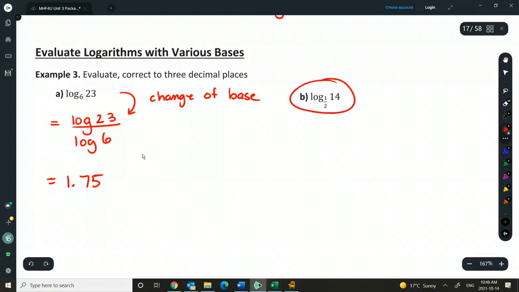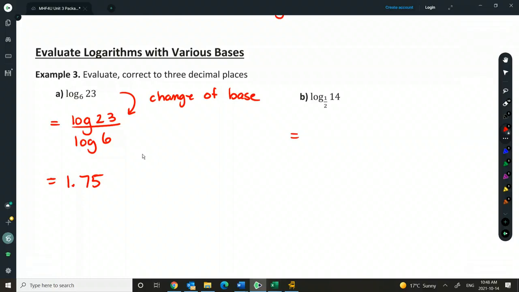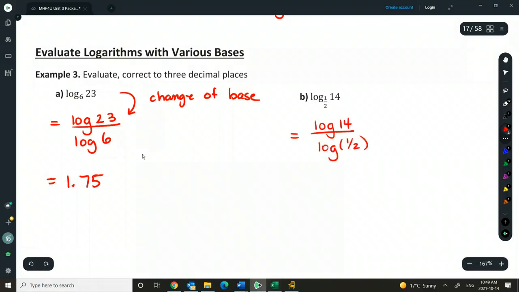Okay, how about this one? How would I calculate, or how do I use change of base? And then I can plug it into my calculator. So how would I switch this into log of something divided by log of something? Zach? Is it log 14 over log 1/2? Yep. And then we plug into our calculators. So this will tell me half raised to what exponent equals 14.